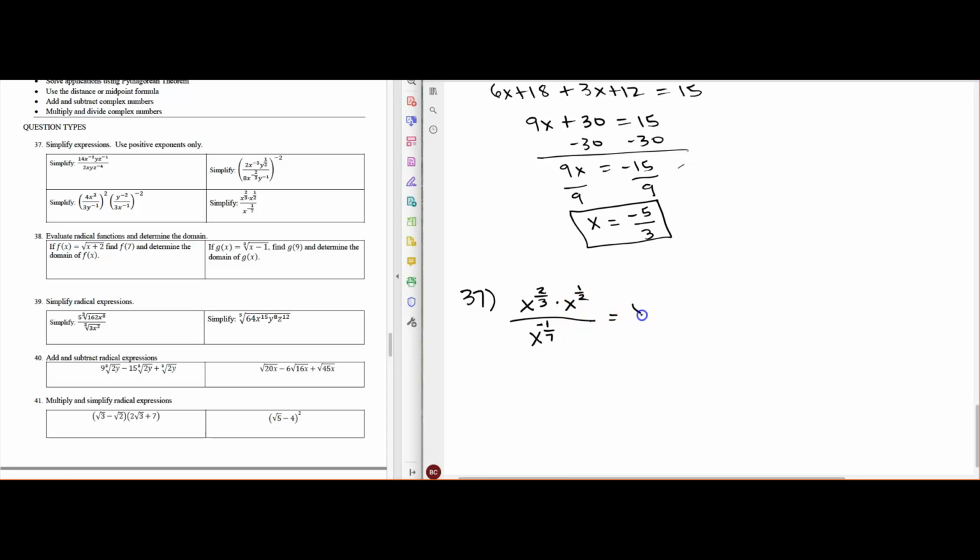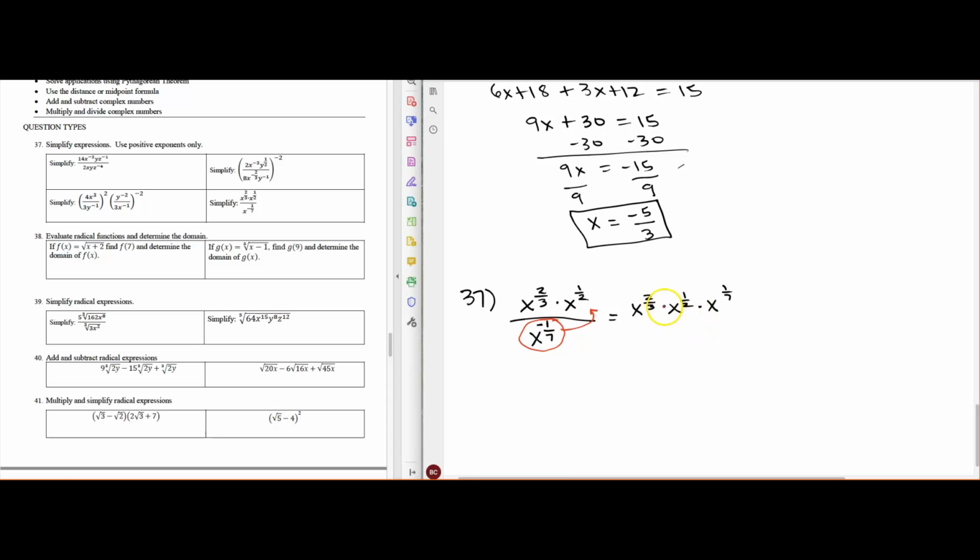So I end up with x to the 2/3 times x to the 1/2 times x to the 1/7. Remember, it's this whole thing that comes upstairs, and now it's no longer negative, it's positive.